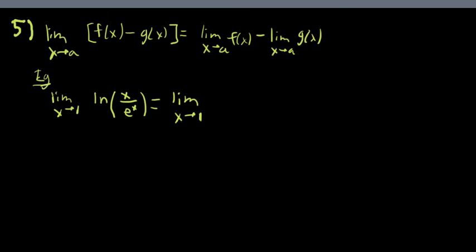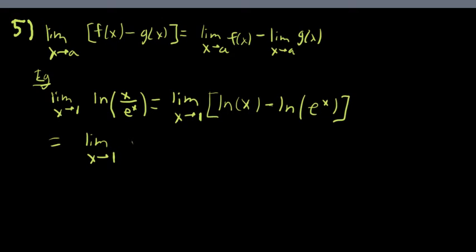So from algebra, you'll recognize that the ln of x divided by e to the x is equivalent to the ln of x minus the ln of e to the x, and using this property we can split this up into two separate limits.